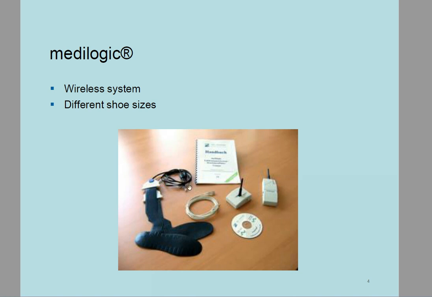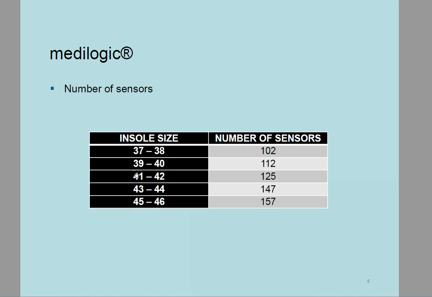So you have options for the insole size, and the size of the single sensor is not varying, therefore you have a higher amount of sensors in a larger shoe, so you have more sensors in there.